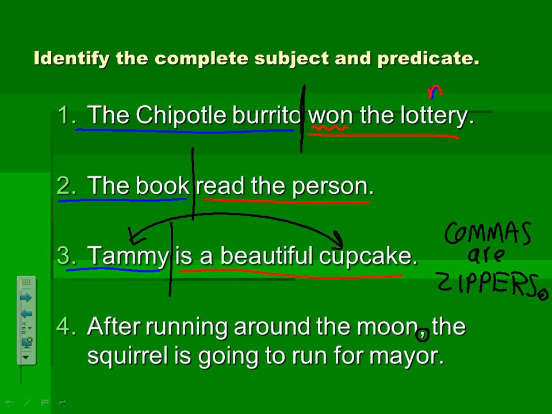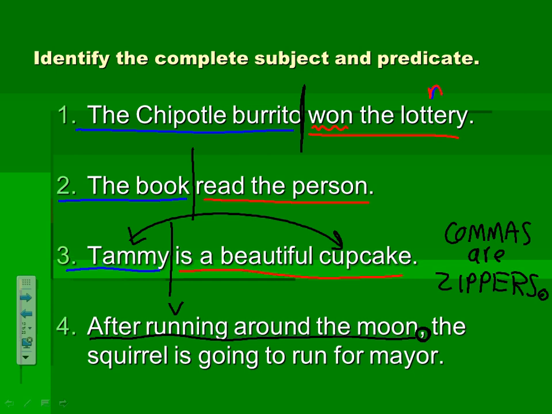So when you have a comma after the first part of a sentence, look at what's there. After running around the moon. If I walked up to you and I said, after running around the moon, and I walked away, is that a complete thought? No. This is a good example of a subordinate piece of the sentence. This is something called a phrase, because it does have a verb, but it doesn't have a subject, and it can't stand on its own.